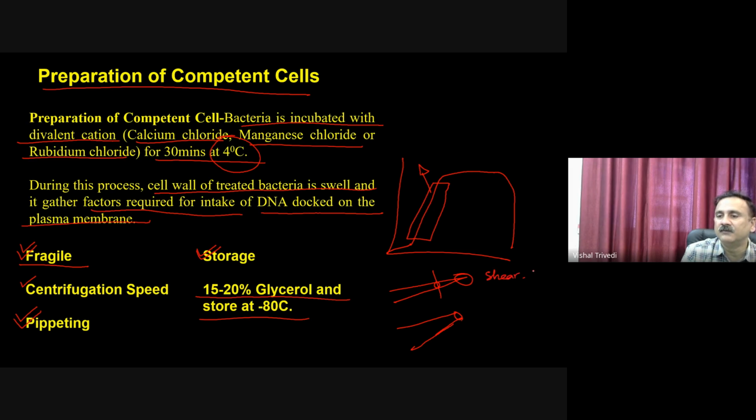If they do, it is going to lyse the cells, because they are already fragile in terms of their osmolarity. Their sensitivity to osmolarity is not there because of the cell wall, but when you treat them with the divalent cation, the cell wall is also compromised.